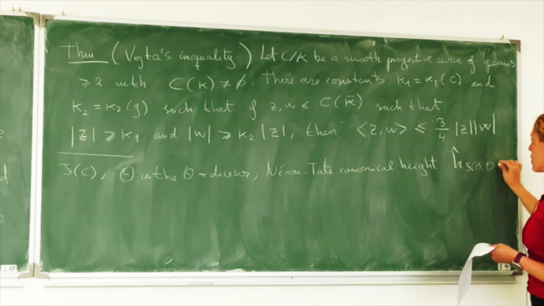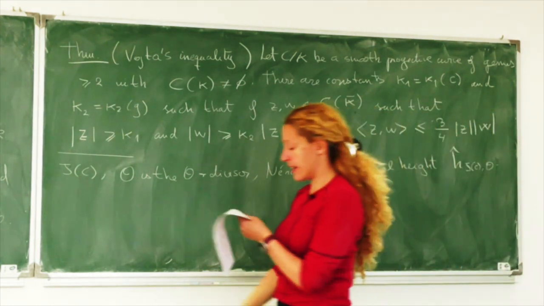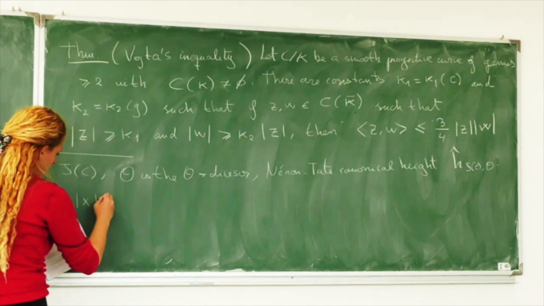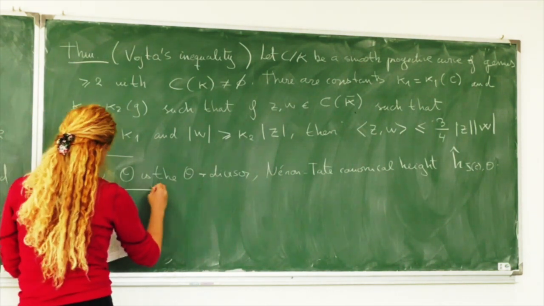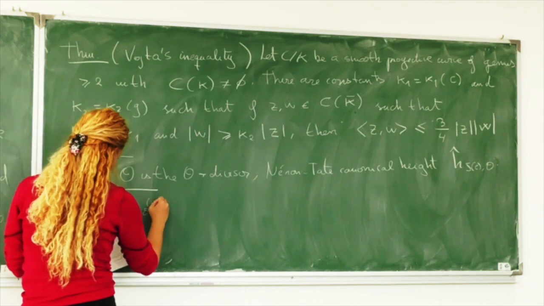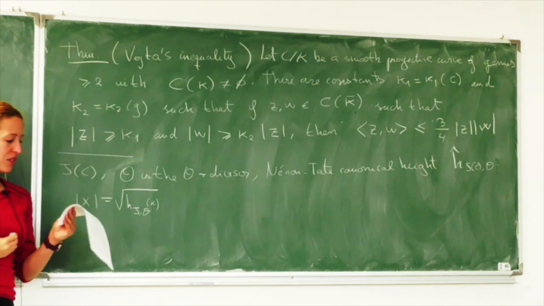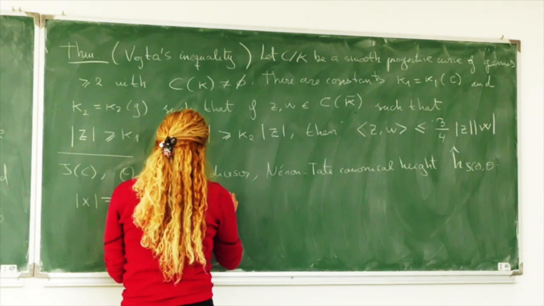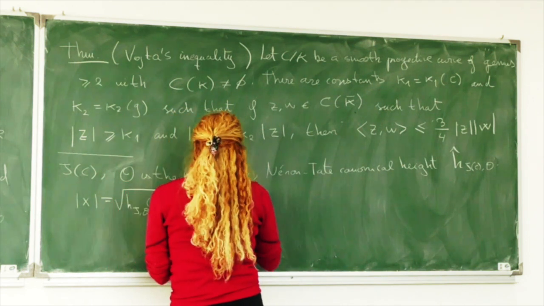Right? So with this we can define a norm for a point such that it is the square root of the height. So we have this norm. And now with this norm we can define a pairing in this way.